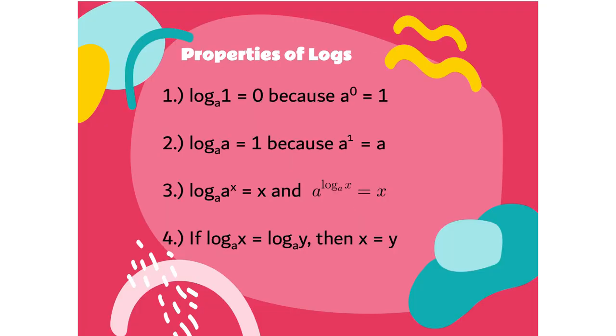These are properties of logs. I'm not saying you have to memorize them, but it is easier if you memorize them to get your answer. In this section of the lesson, what we're doing is solving for x.